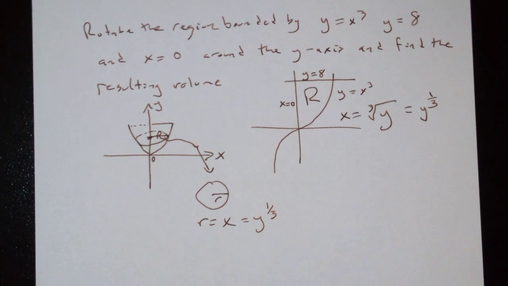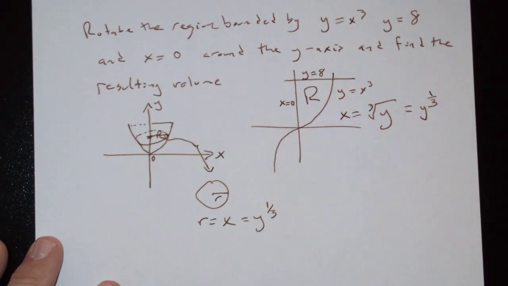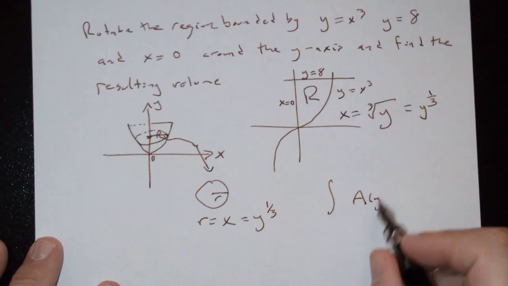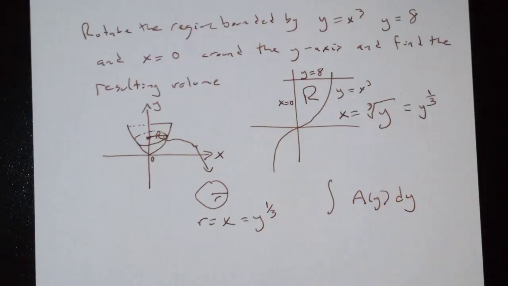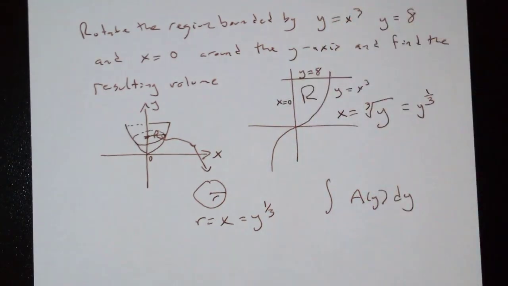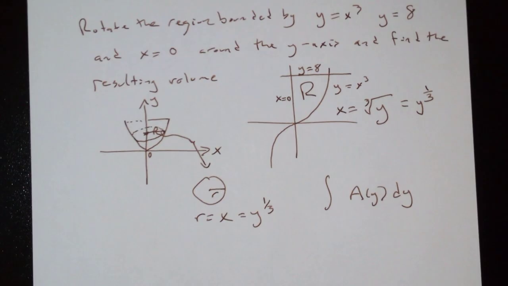Now, I'm going to do this same idea. I'm going to add up all my little circles. I'm going to integrate, but now it's dy because the thickness of my circle is along the y direction, not the x direction. So it's dy instead of dx.